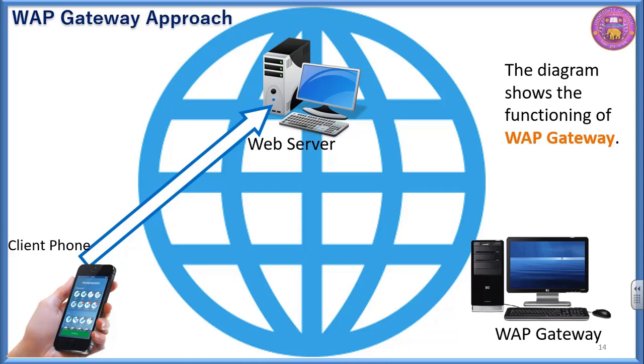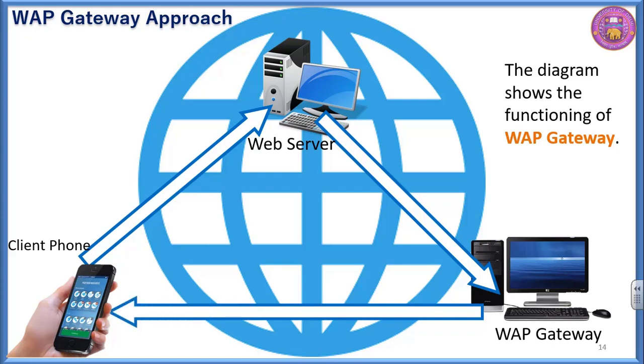Within the website, there are web pages, and those web pages are written in HTML language. But the client phone does not understand HTML language. So those HTML written web pages are sent to another computer, and that computer is WAP gateway. WAP gateway computer will convert HTML written web pages into wireless markup language and send it to the client phone. Client phone can very well understand the pages written in wireless markup language.